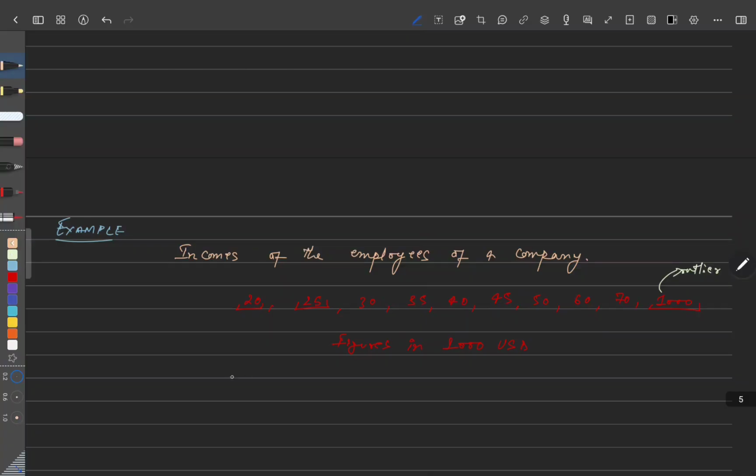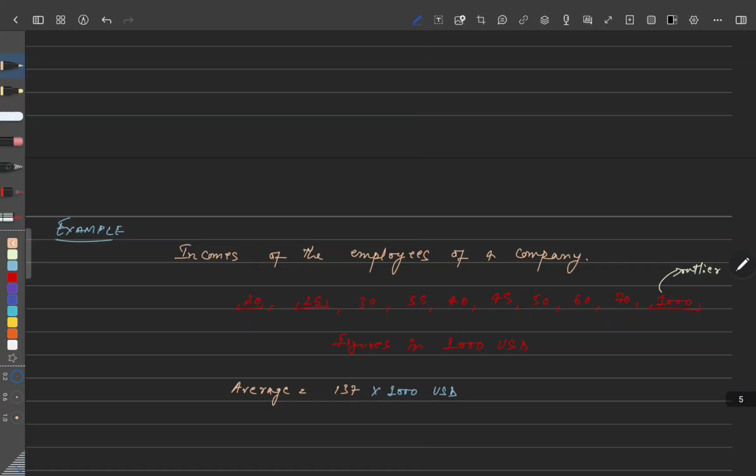Now let's find the average. Since we are comparing with arithmetic mean or average, let's try and find out the average. So average is 137, which is again in $1,000, so $137,000.